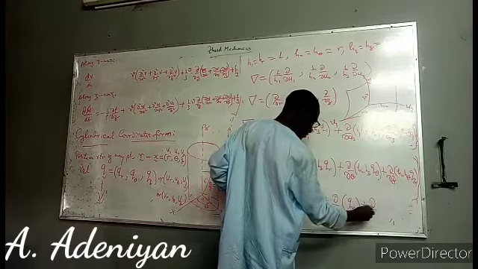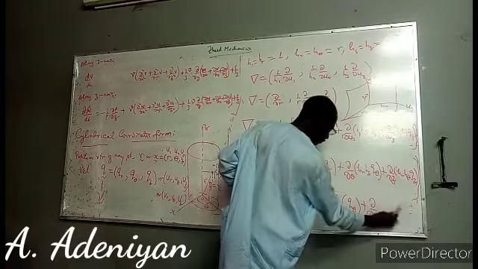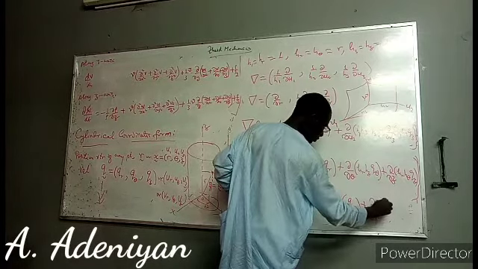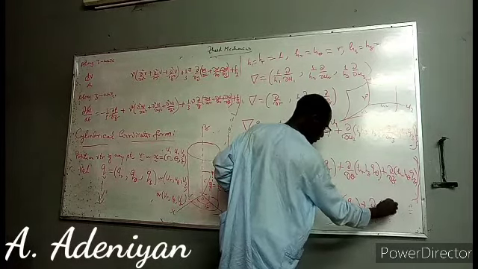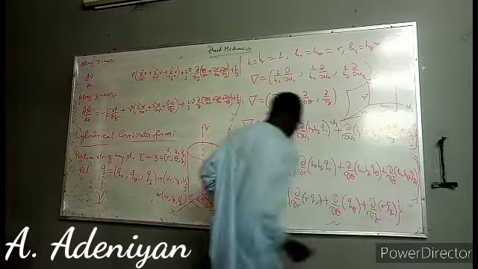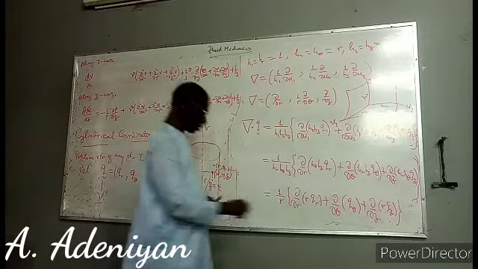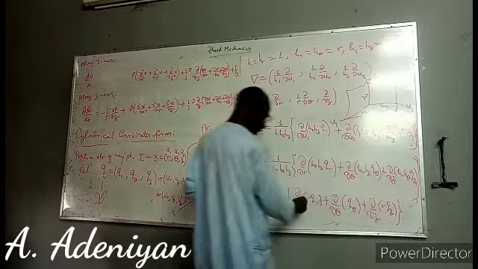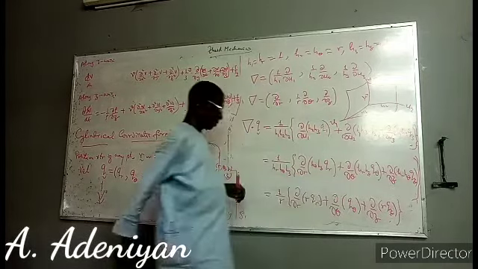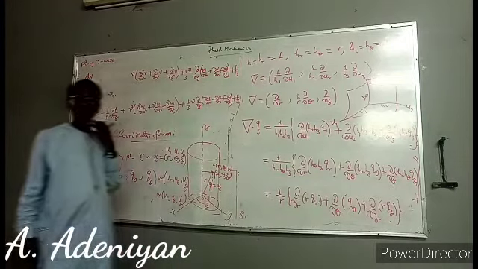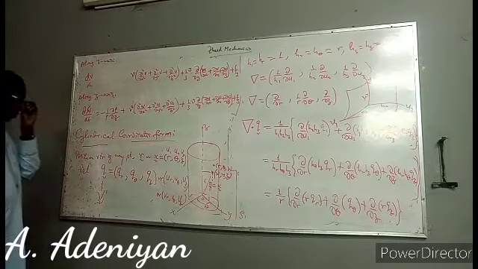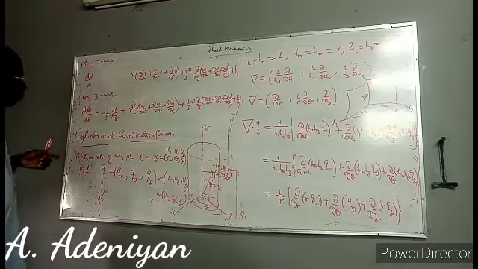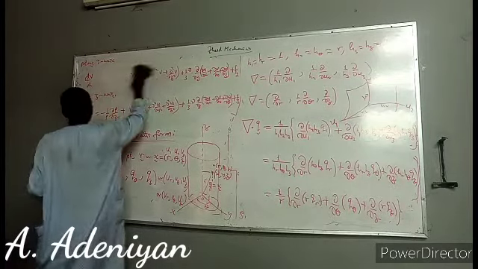Finally, d by dz of hr is 1, h theta is r, so that is r times Qz. That is going to be the divergence. Of course, you can see that r Qr is the same thing as r Qz, because r is the component multiplying them. Then, in that wise, it is very easy to find the curl, and it is also easy to find what you come across again, which is del squared.